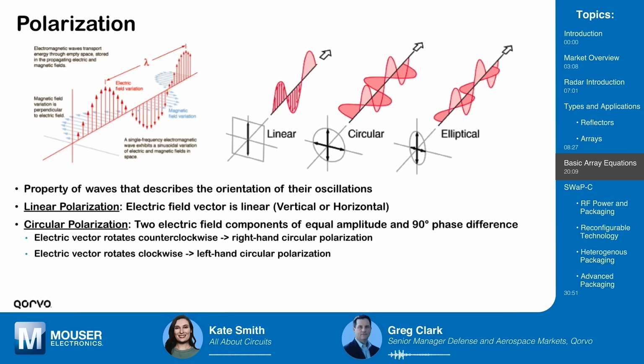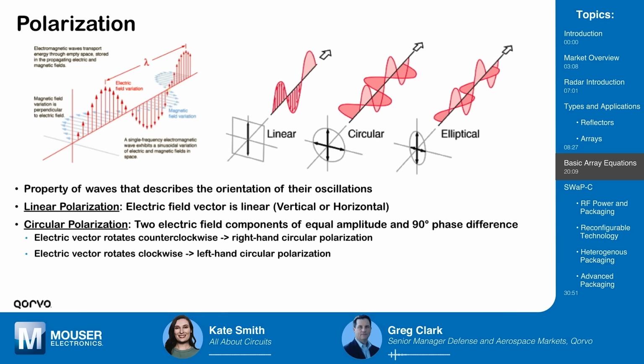Right. And then really quick on polarization, linear polarization means it's one direction of electric field. Circular polarization means you have both vertical and horizontal signals going out. Really, this is not so much the RF hardware; this is the antenna that provides this.